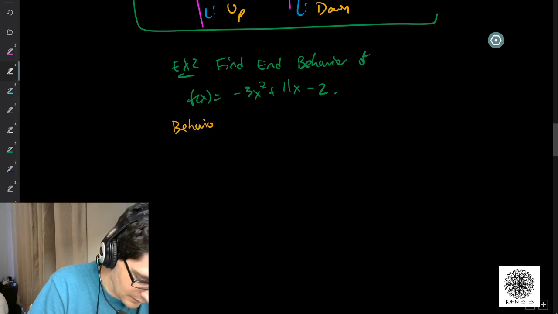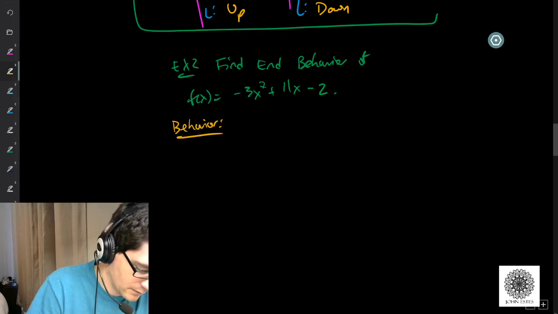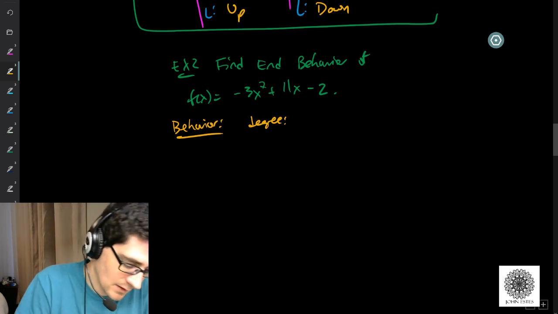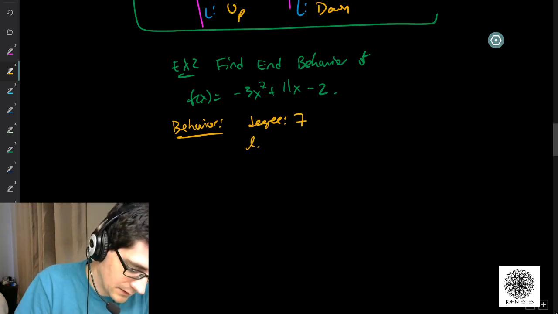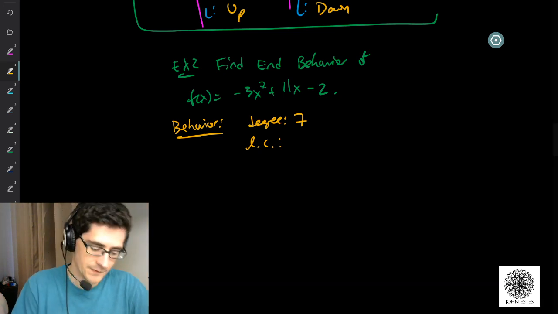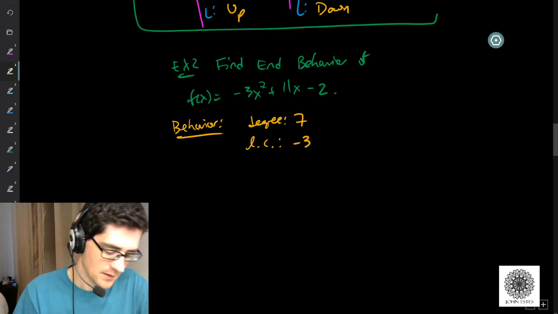So let's start off by figuring out the degree. My degree here is the highest exponent, which is 7, and the leading coefficient is the coefficient of that term, so the leading coefficient here is -3.